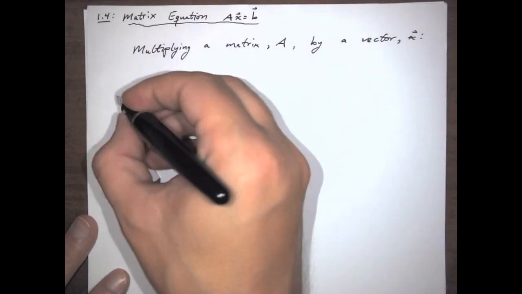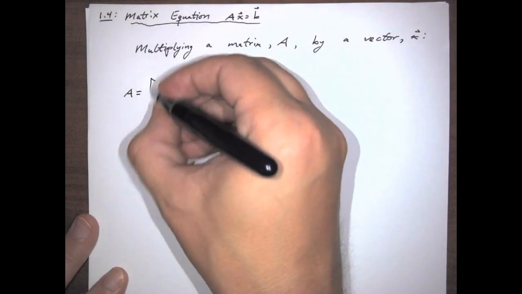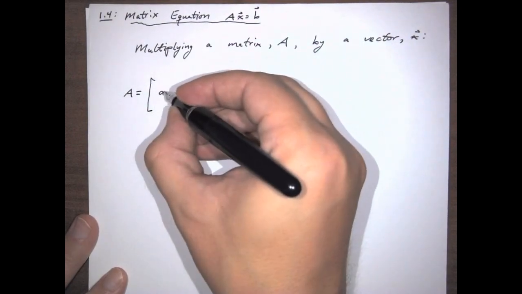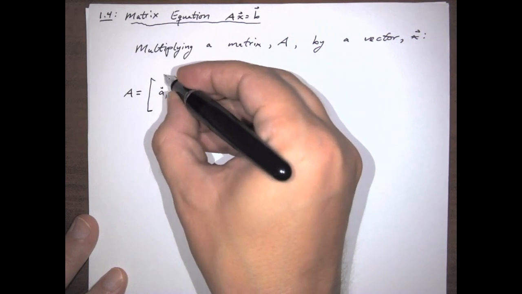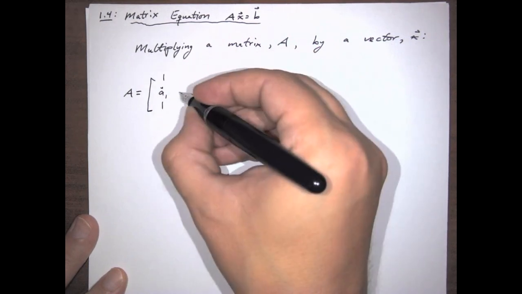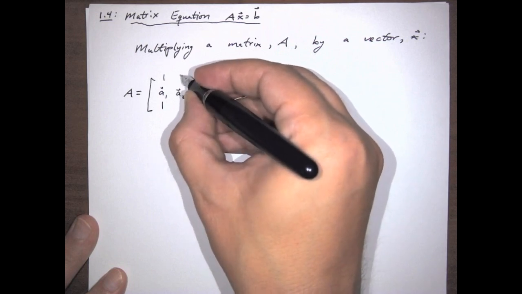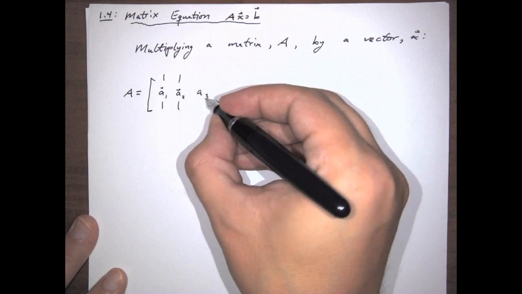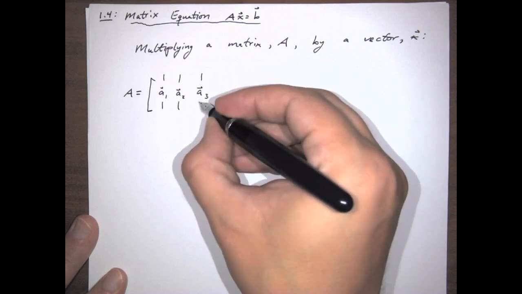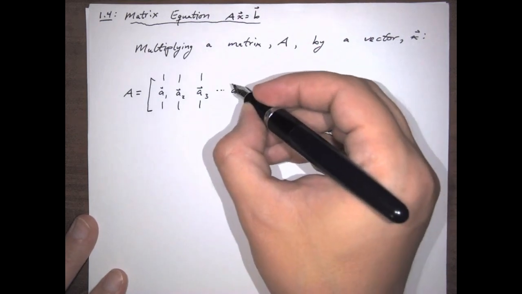First off, let's imagine that A is made up of columns. We can call them A1, A2, A3, up to An.